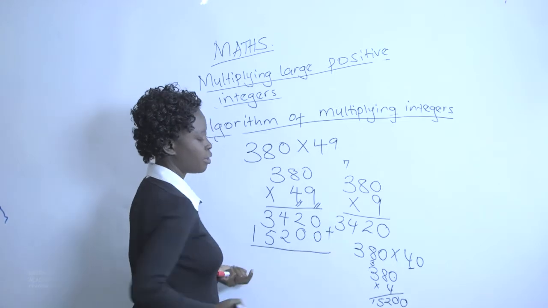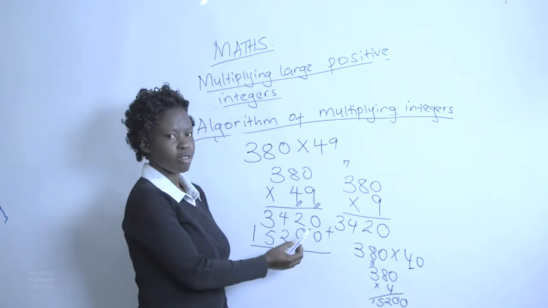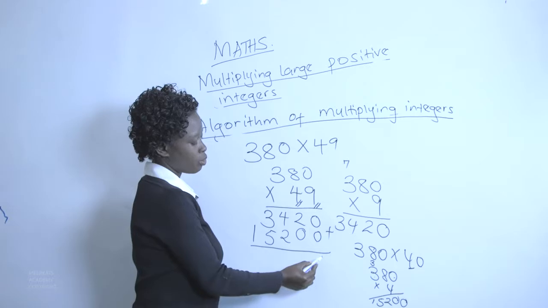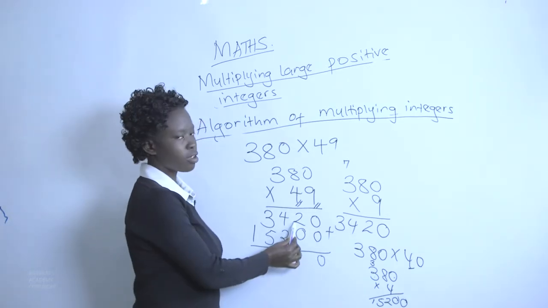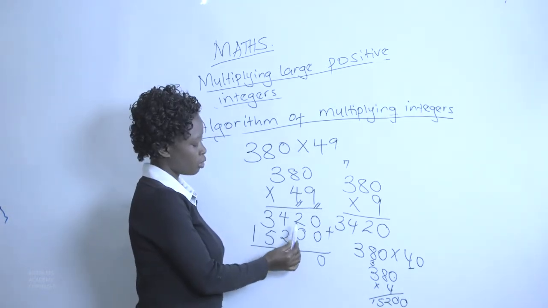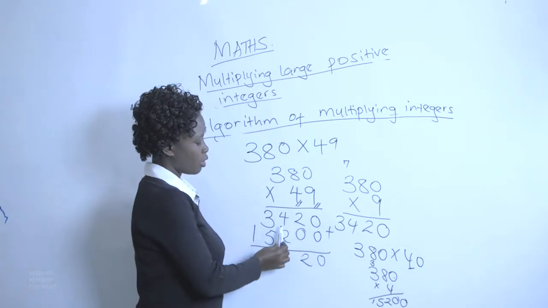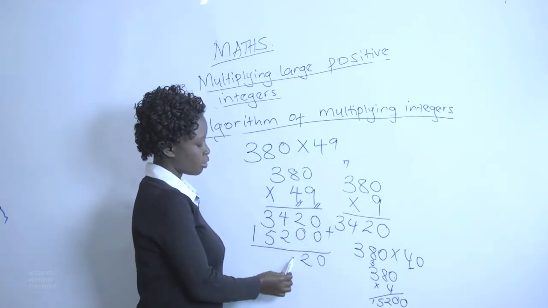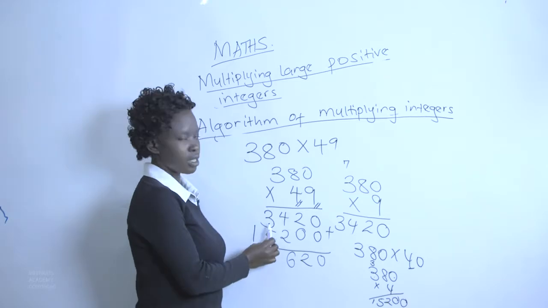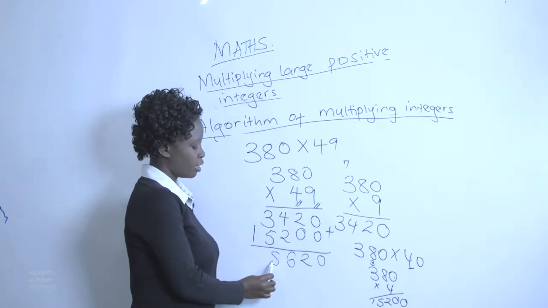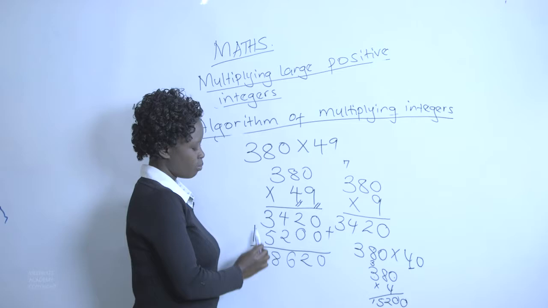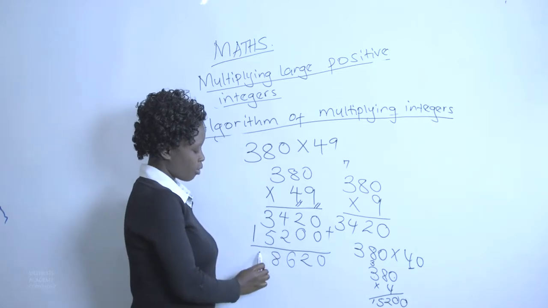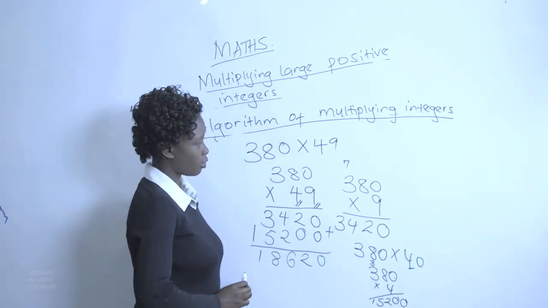So when we add the digits, we have 0 plus 0, which will give me 0. Then 0 plus 2, which will give me 2. Then we have 4 plus 2, that is 6. We have 3 plus 5, that is 8. Then we have 1 plus nothing, this is just 1, so we'll get 1 at that point.